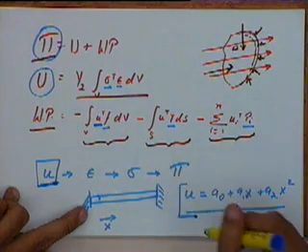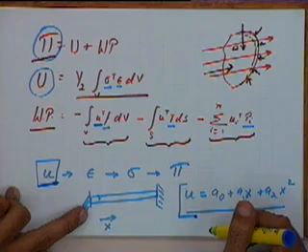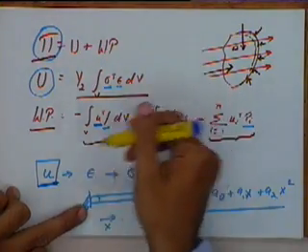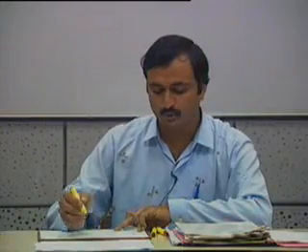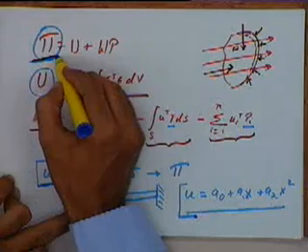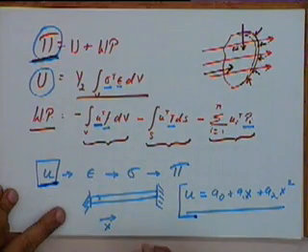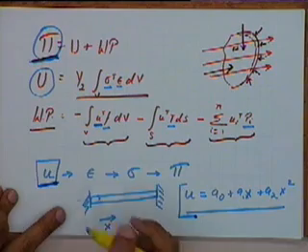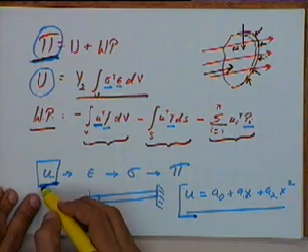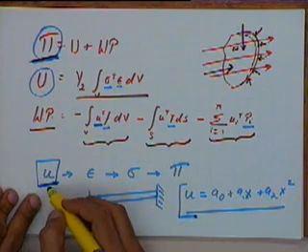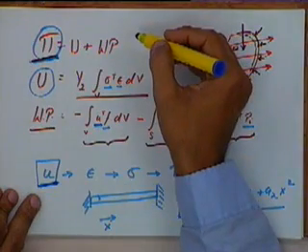This is the basic approach that is used in the finite element method. We will use this set of equations to express pi, the total potential energy, as a function of u, and our aim is to find out u. If we can find out the deformations, we can find out everything about the object.